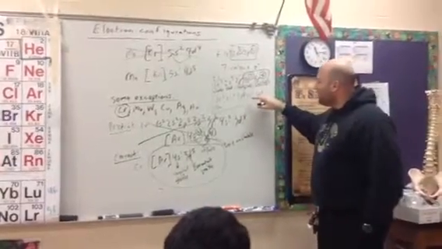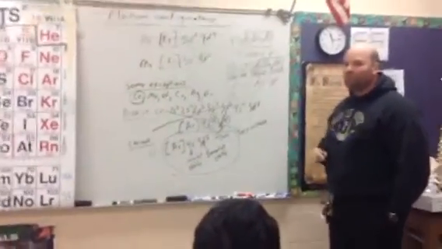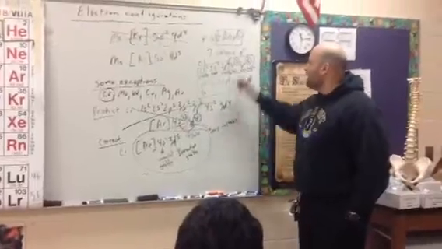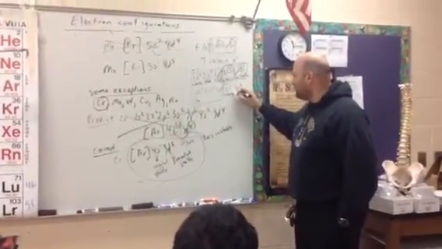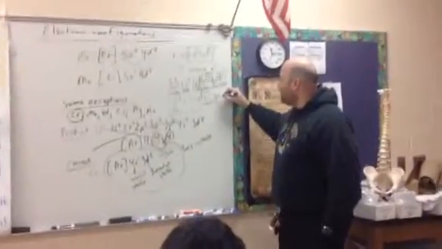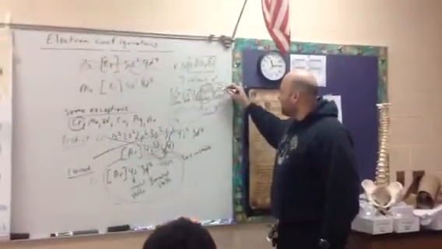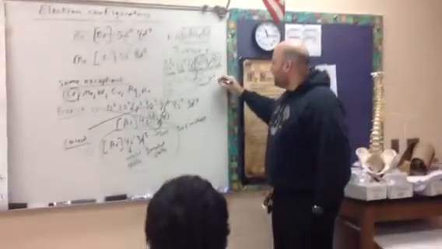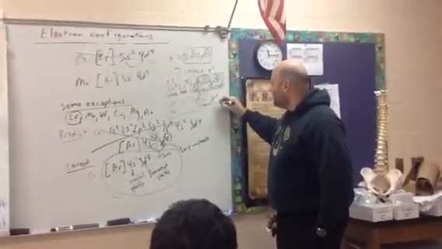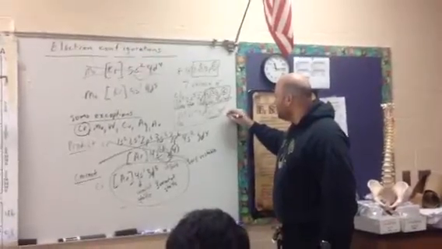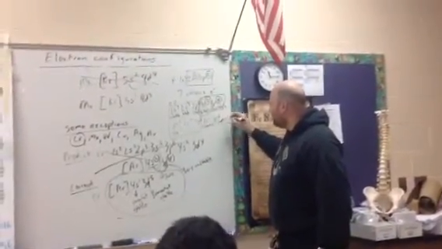Now, when you compare 3s1 to 3s2, who's more stable? This is more stable. This is only somewhat stable. And when you compare 3p6 to 3p5, yeah, this is very stable.